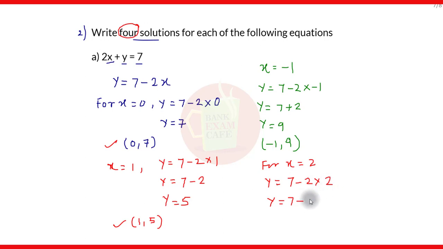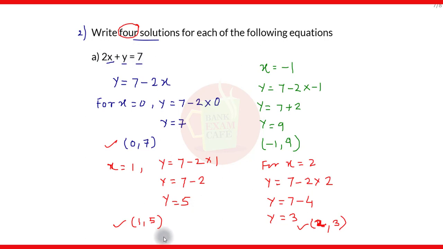So 7 minus 2 twos are 4. So 7 minus 4 will be equal to 3. So y is equal to 3, and therefore for the value of x as 2, the value of y will be 3. So we have got the fourth set of solution for the equation 2x plus y is equal to 7.